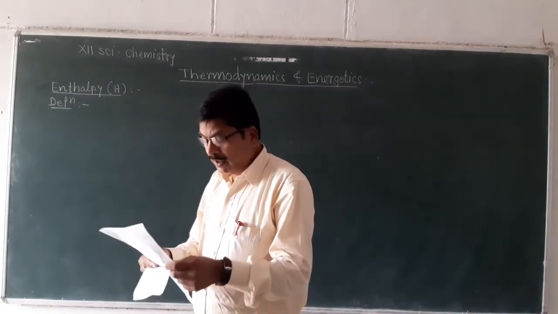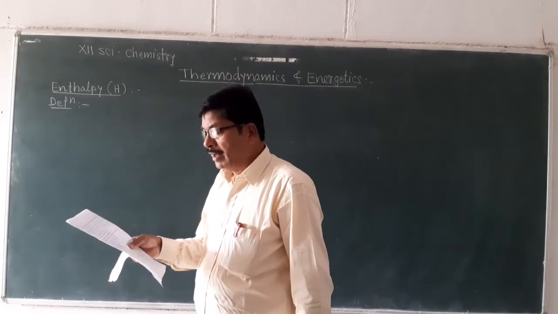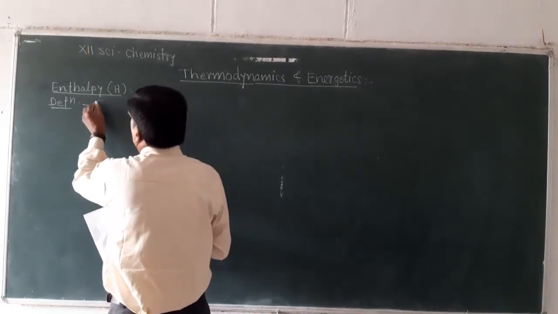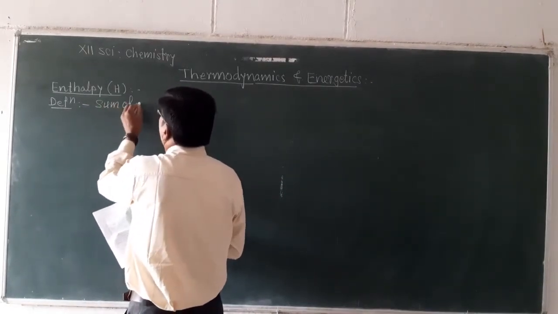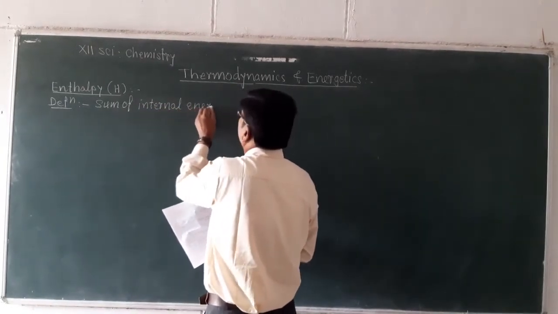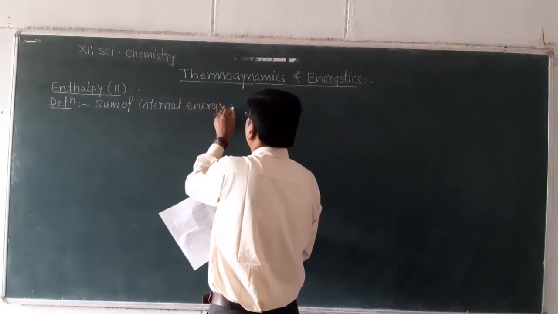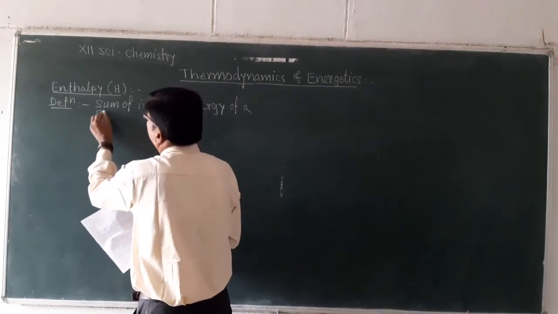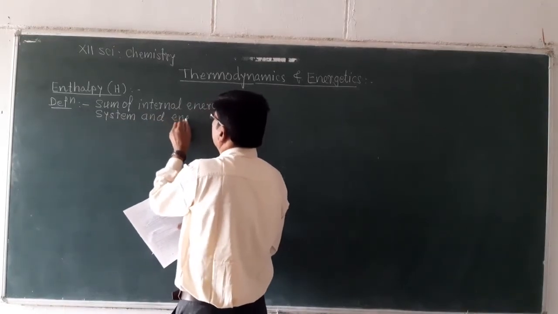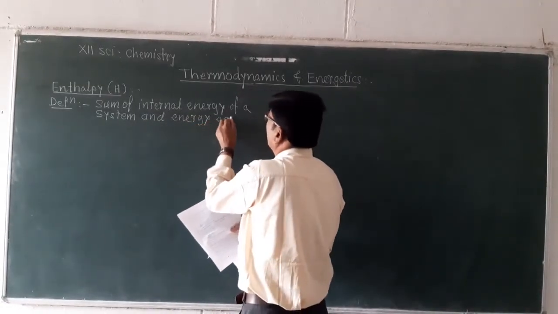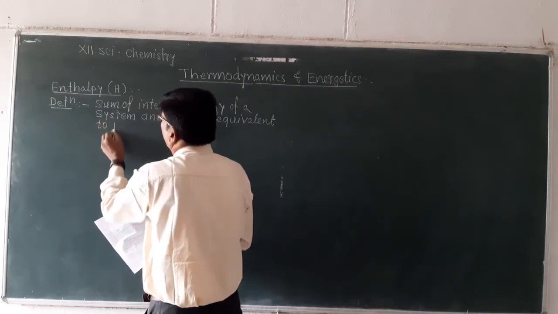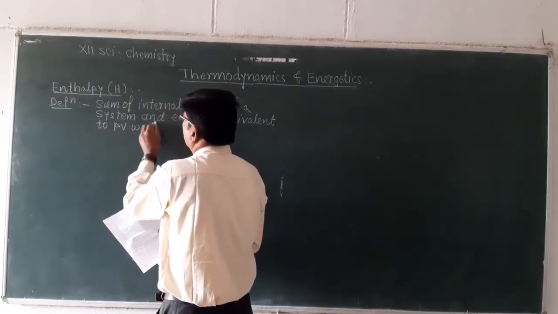The sum of internal energy of a system and energy equivalent to PV is called enthalpy.